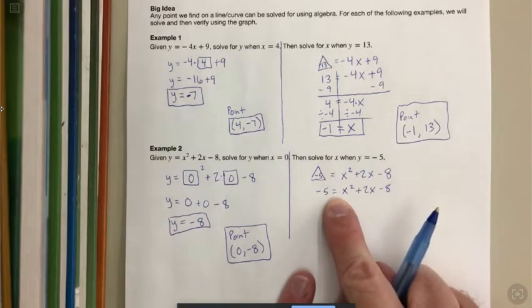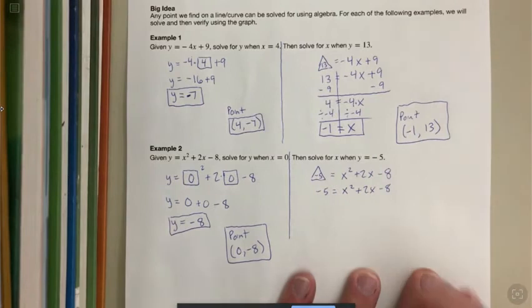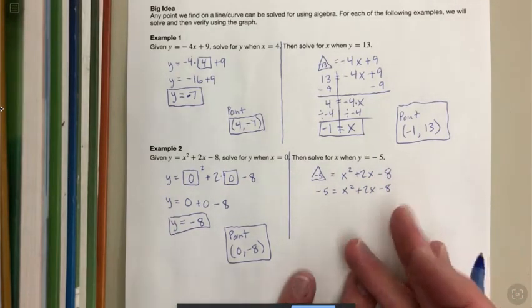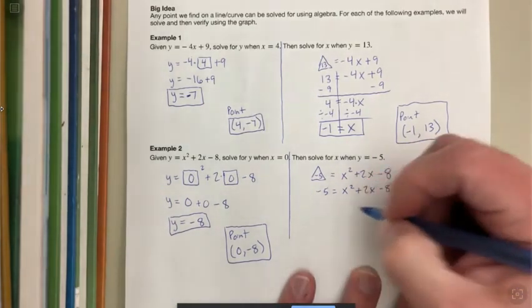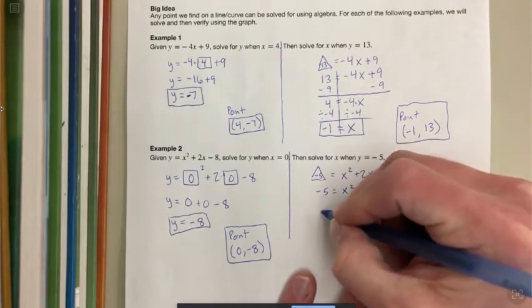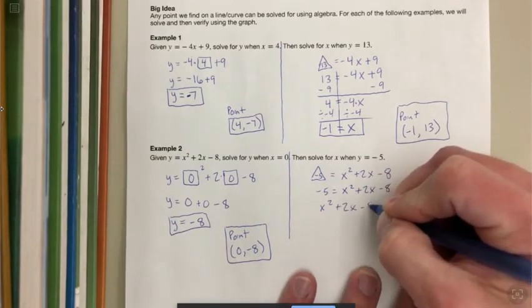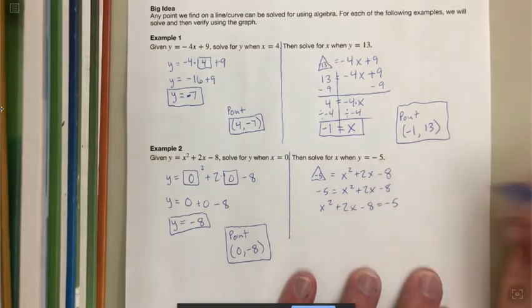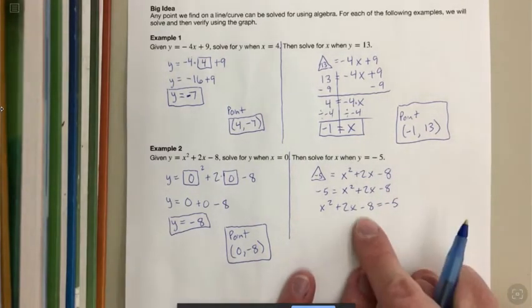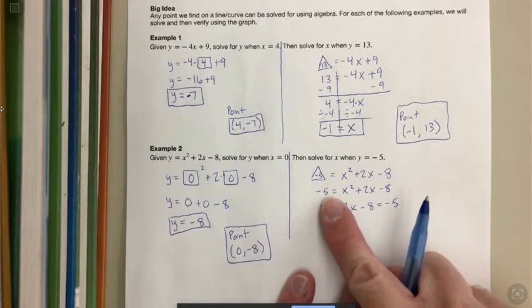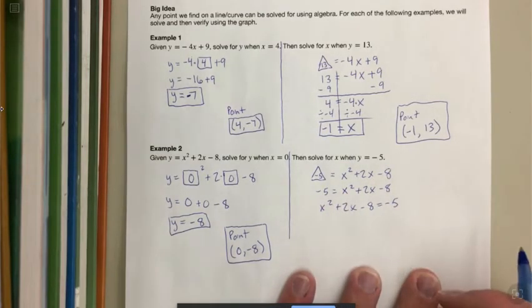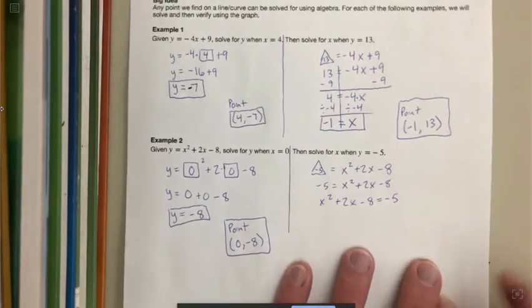If you don't like that, if things are equal in one direction, they're equal in the other direction. So if you like this better, you can always just write this as x squared plus 2x minus 8 equals -5. That's totally okay. It's not necessary to do that, but some people aren't comfortable with the equal sign on the left side when they're doing x squared solving.